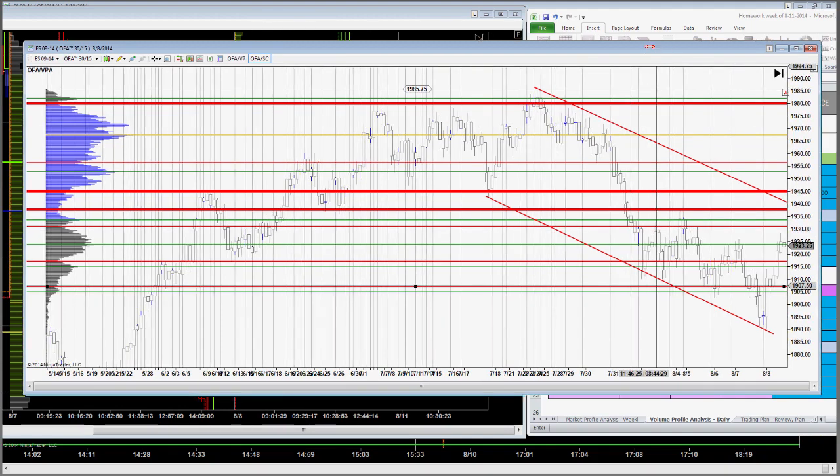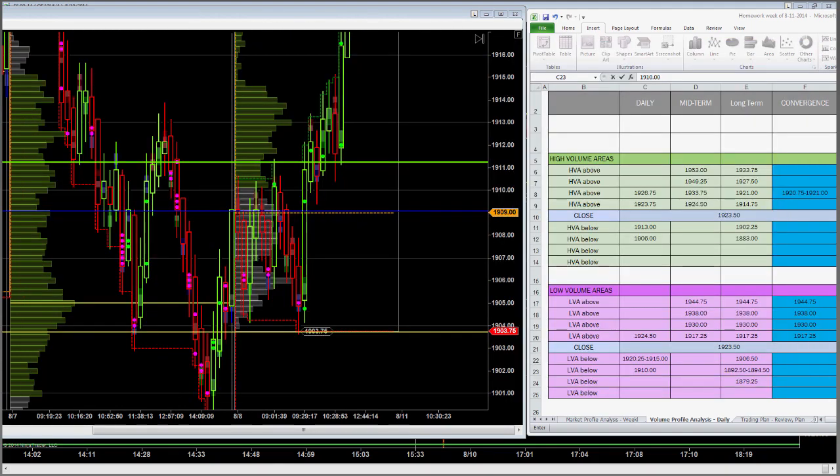So what this is telling us, and this is another example of this message I gave you, if you look at this volume right here, in the morning, VPOC was sitting at 1906. The long-term volume profile showed a long-term low volume area at 1906.75.